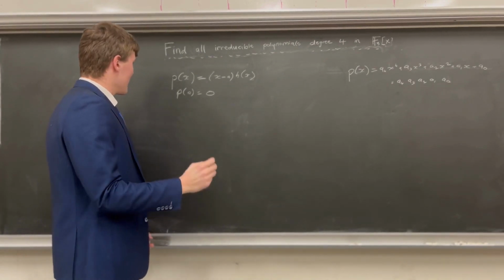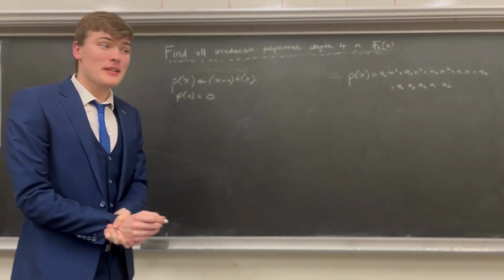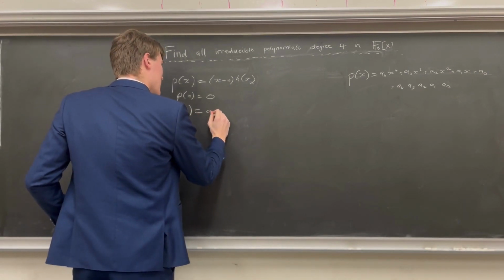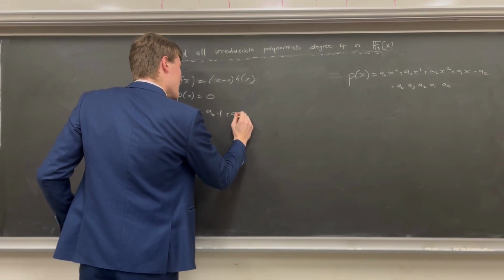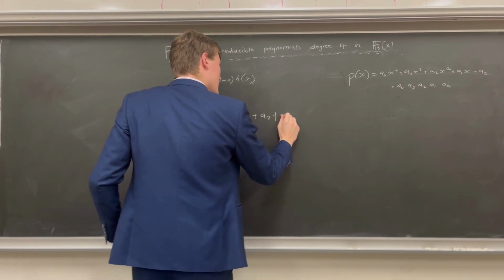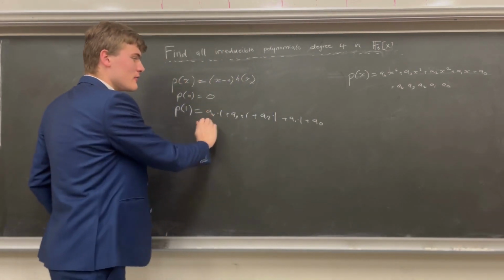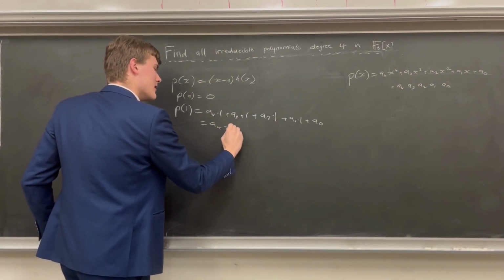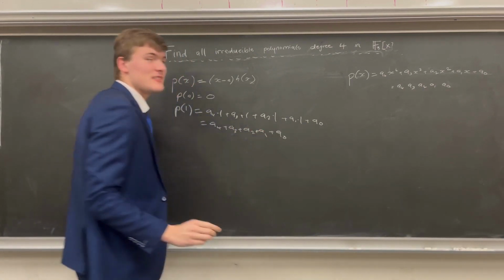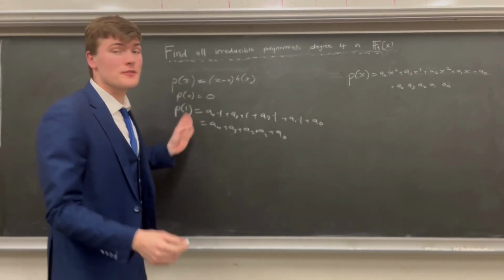So if we evaluate p at 1, we get the following: a4 plus a3 plus a2 plus a1 plus a0. So really what we're doing is just adding up all of the numbers in our code.